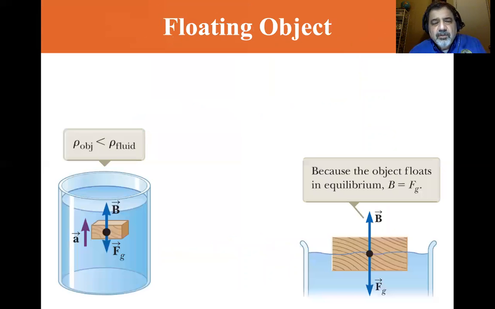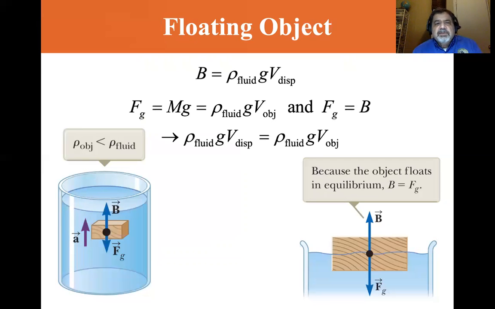So with a floating object, the density of the object is less than the fluid because the object floats in equilibrium. The buoyant force B is equal to the force of gravity. So B is equal to the density of the fluid times g times the volume displaced. The force of gravity is equal to mg, which is equal to the density of the object times g times the volume of the object.